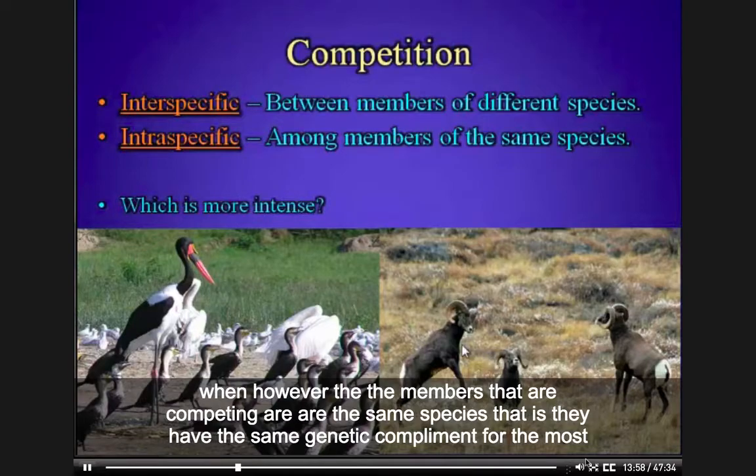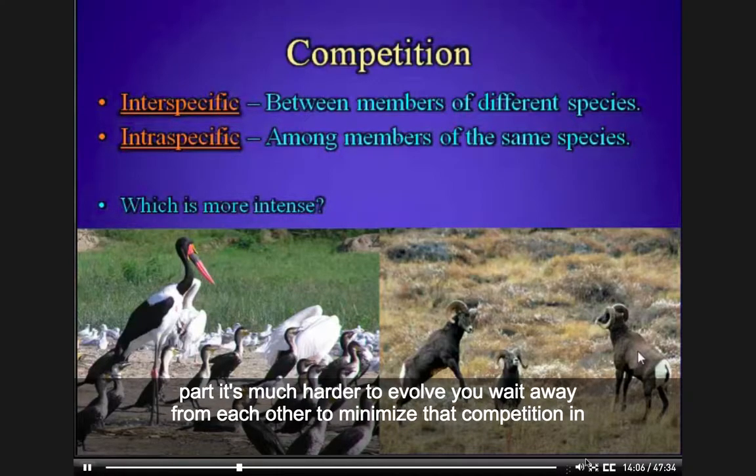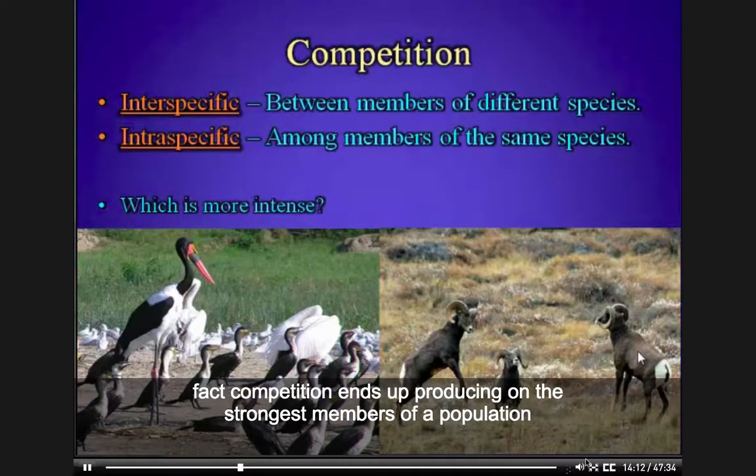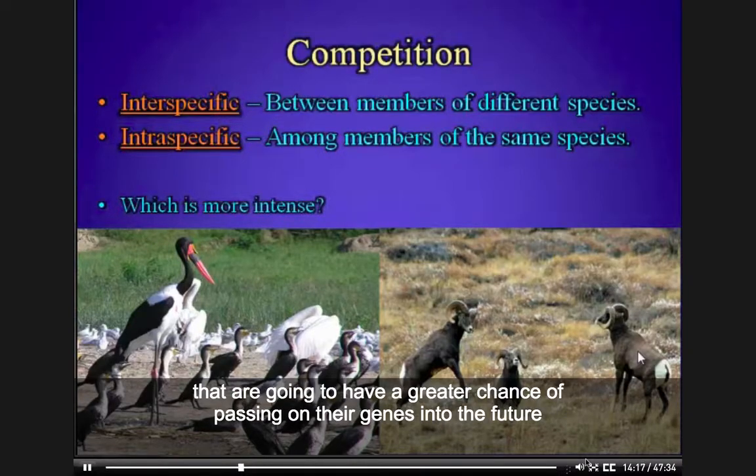When, however, the members that are competing are of the same species, that is, they have the same genetic complement for the most part, it's much harder to evolve away from each other to minimize that competition. In fact, competition ends up producing the strongest members of a population that are going to have a greater chance of passing on their genes into the future.